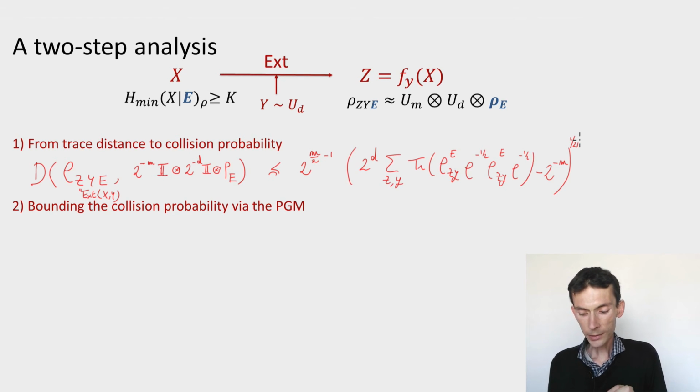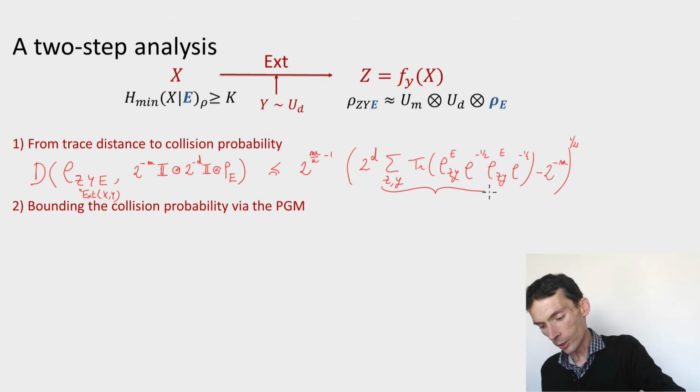You can see syntactically it's really exactly the same thing as we had in the classical case, where now you can interpret the quantity that's in front here as a collision probability.